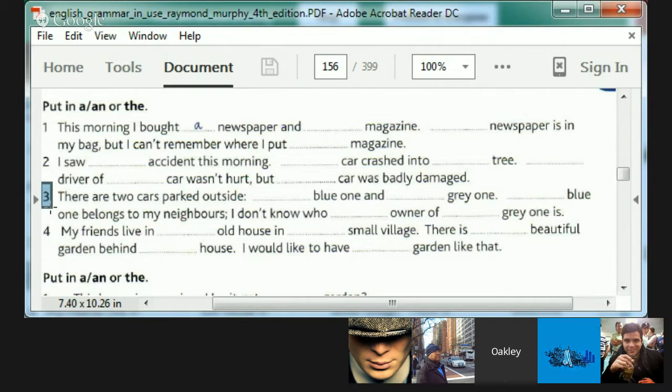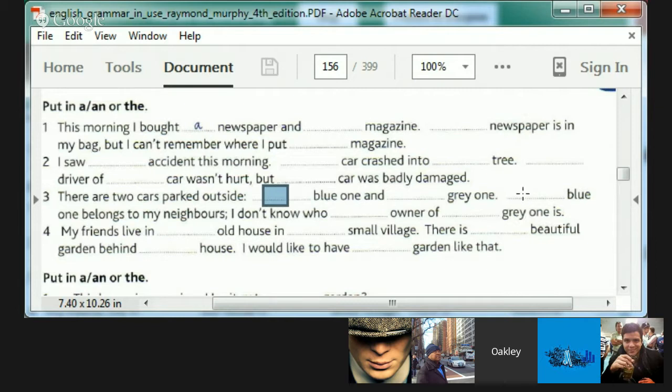Okay, there are two cars parked outside. The blue one and the gray one. Yep, a blue one and a gray one.